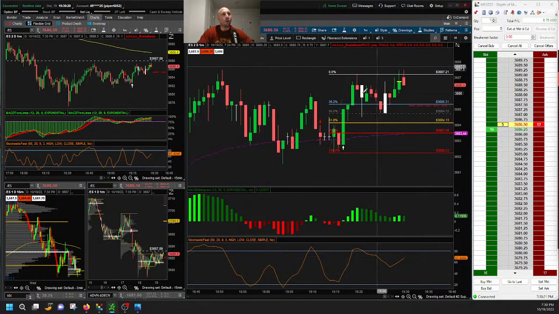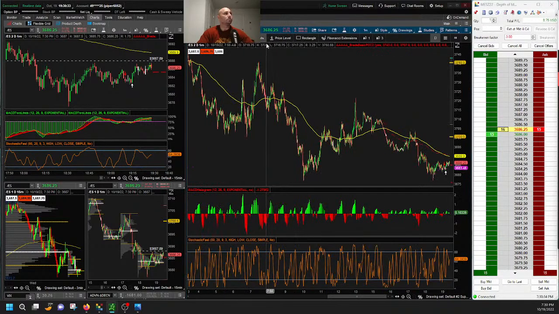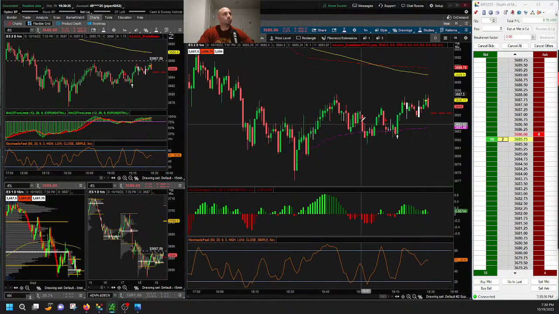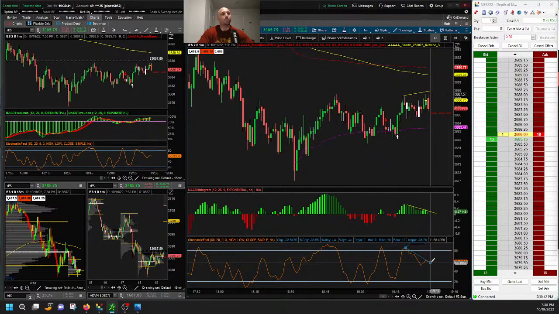So we just made new highs. Or actually, we did not break that high. Double top. Look at this divergence right here. Divergence right here, and right here, guys.